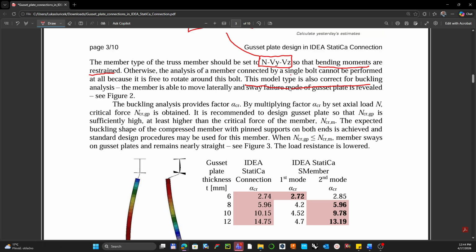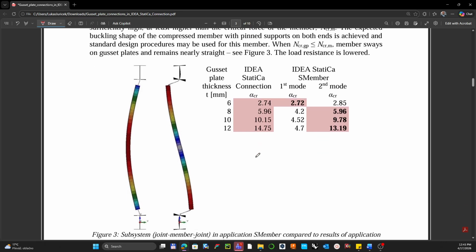As you can see, here is some numerical simulation output. Those are the post-processing results coming from the linear buckling analysis from two tools. At first, it's IDEA StatiCa Connection.